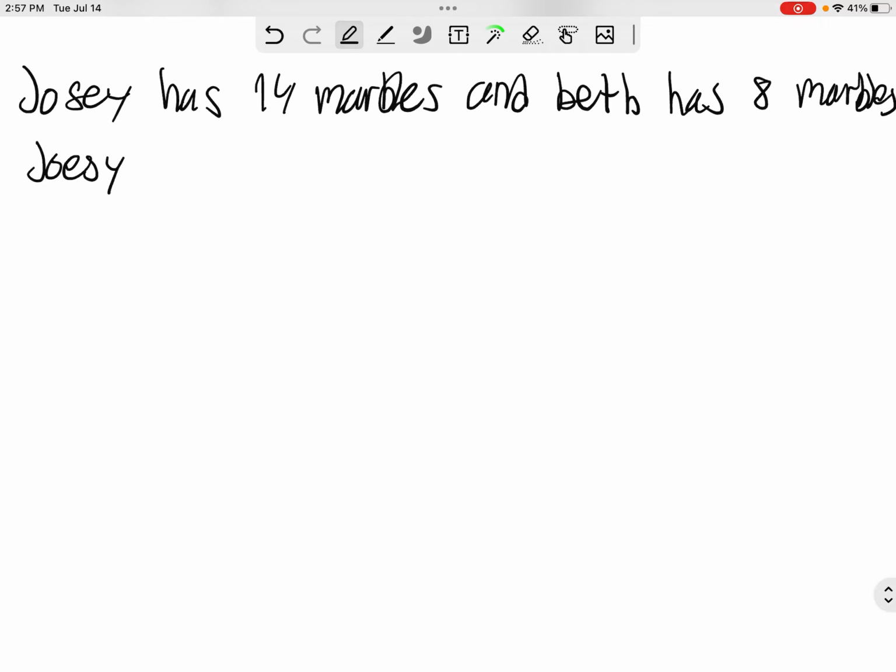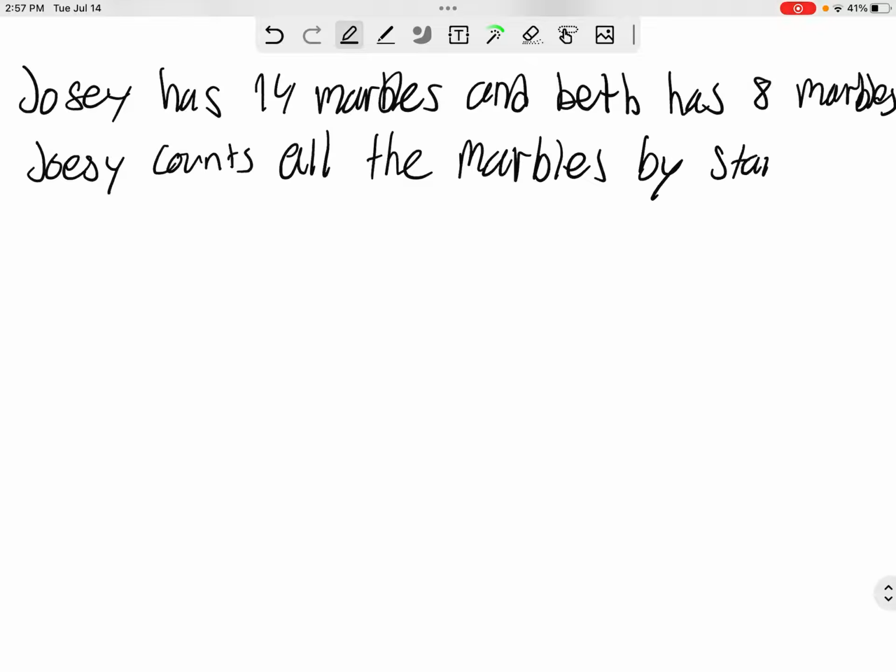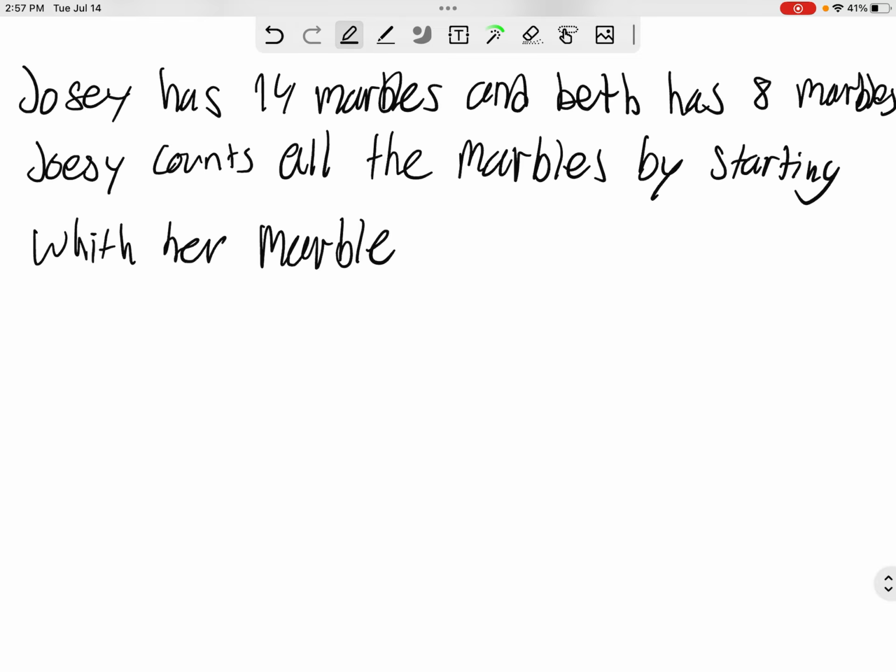Josie counts all the marbles by starting with her marbles, then adding Beth's marbles.